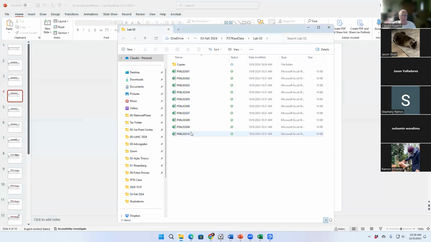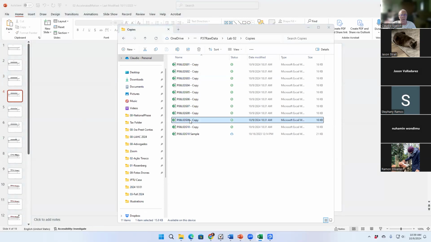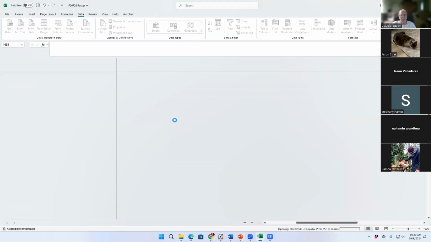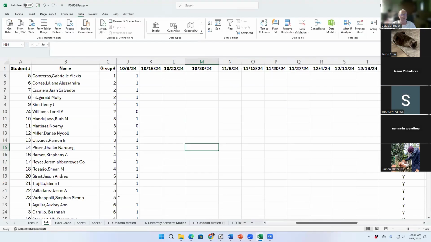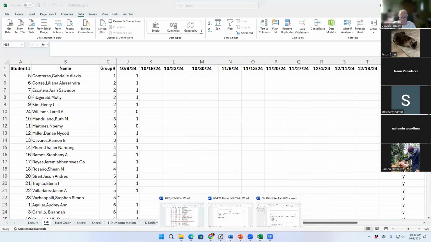It's around 1 meter. We need this parameter B right in here. B is 0.996 meters. That's your first measurement.